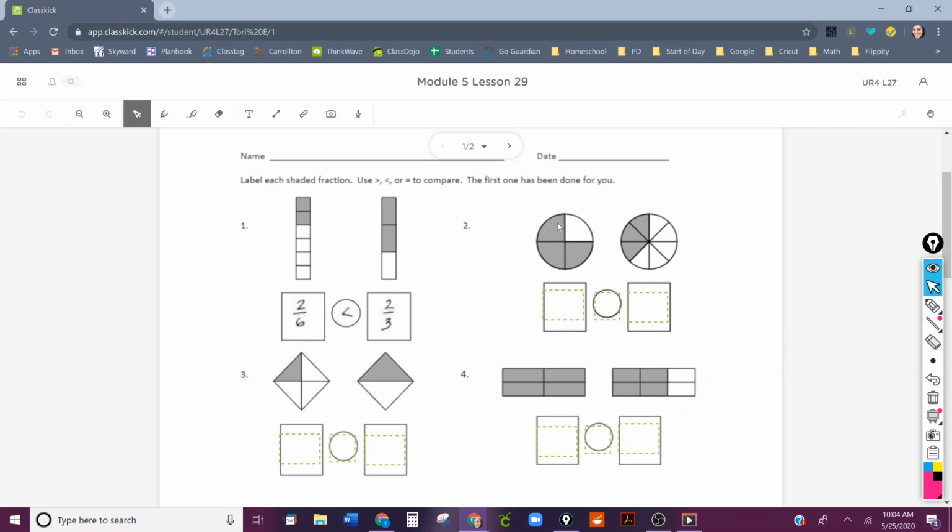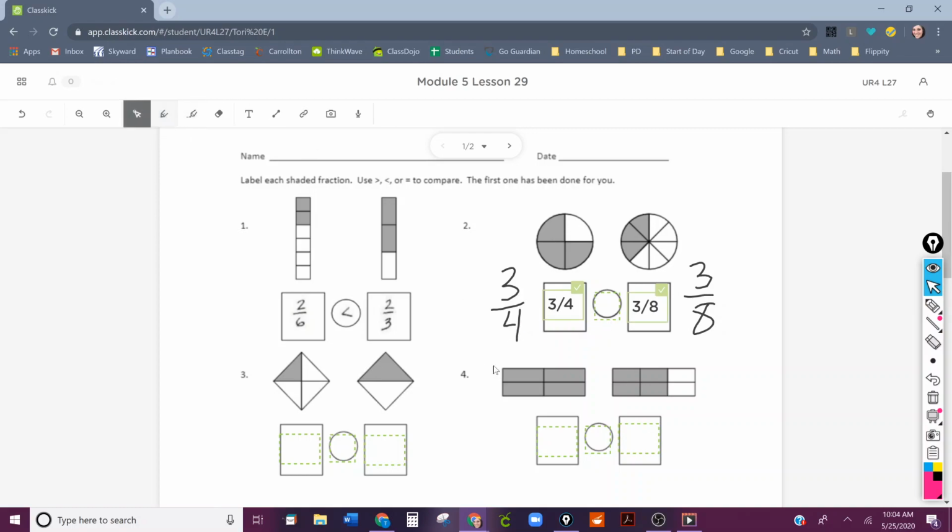So let's do number 2. In number 2, they've shaded 3 pieces out of 4 pieces altogether. Over here, they've shaded 1, 2, 3 pieces out of 1, 2, 3, 4, 5, 6, 7, 8. So now we compare. Well, I'm going to write that the way we're used to seeing fraction form, so we can clearly see the bottom numbers.